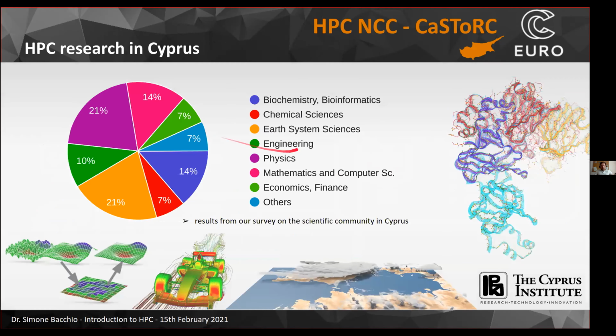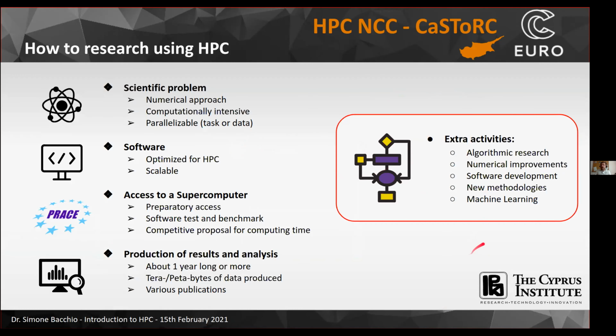Other kinds of activities you may do during this time is also some algorithmic research. It's always useful to think about better ways to translate your scientific problem into a computational task. So here we are talking about algorithms. You need to think what is the best algorithm and the most suitable algorithm for the architecture you're using in order to produce the data you need.